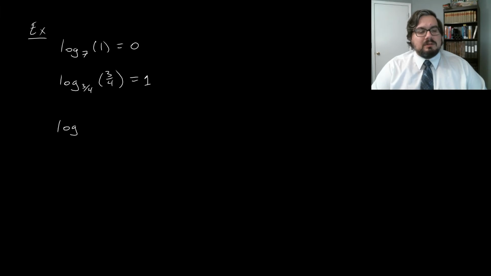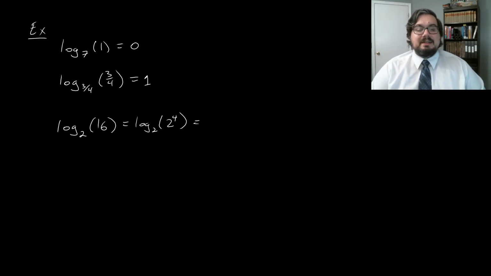Now if I take log base 2 of 16, that's the same as log base 2 of 2 to the 4th. And so by property 3, we've got 2 to the 4th, an exponential function inside the logarithm, with base 2 and the logarithm of base 2 on the outside. Those two exactly cancel each other out and just give 4 back.